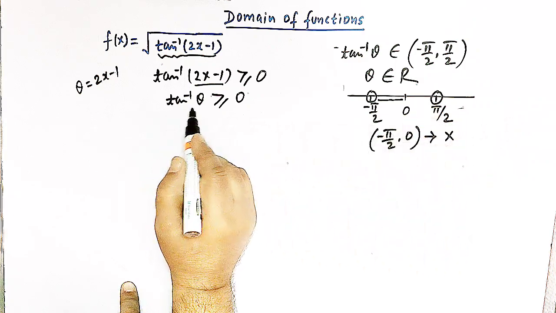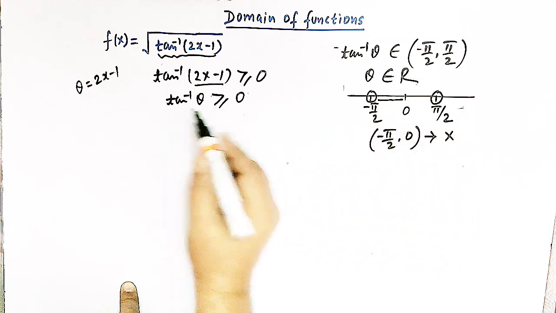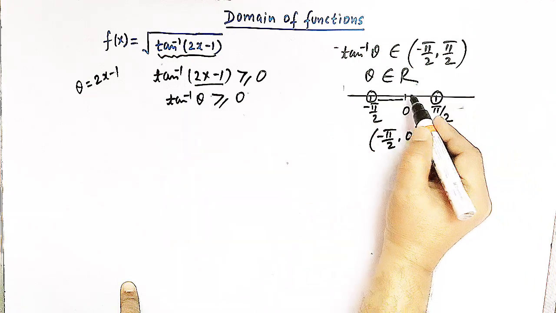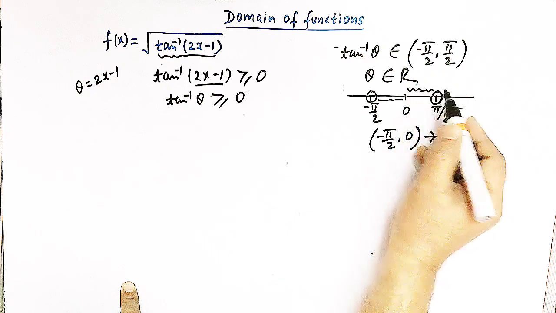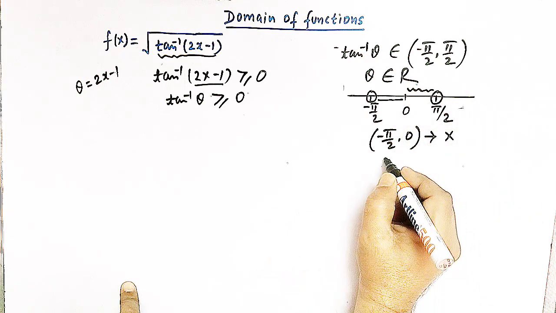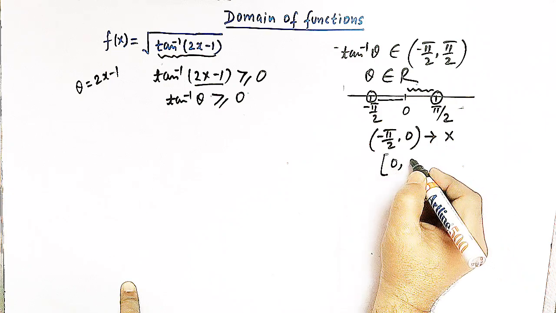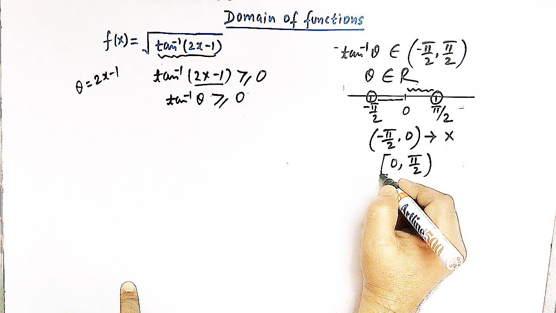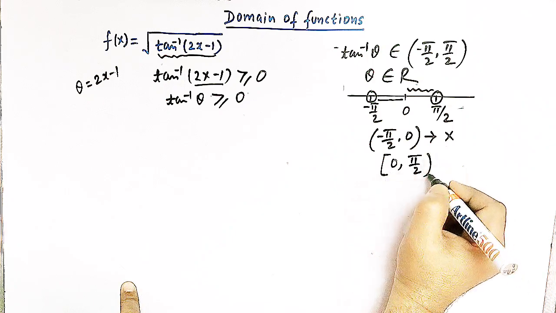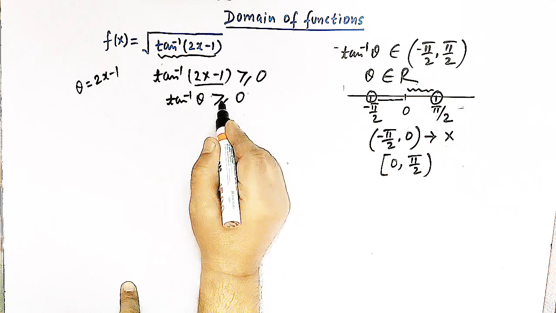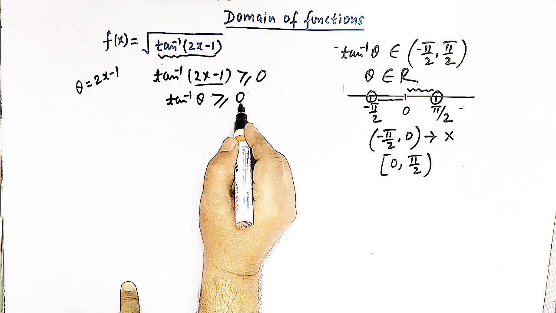The acceptable values of tan inverse theta must lie from 0 to pi by 2, which contains all the positive numbers. Here we have 0 closed, and pi by 2 open.